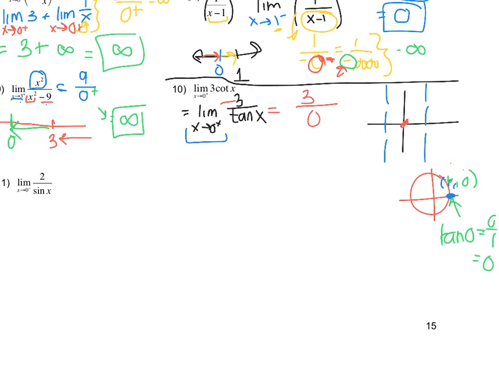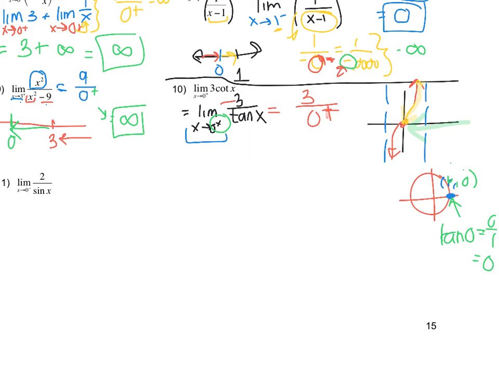However, if we sketch in this tangent function, and remember that this is saying x is approaching 0 from the right. So if x is approaching 0 from the right, getting closer and closer to 0, look at what's happening to our function. It's approaching 0 from the right as well, meaning it's positive, but getting really close to 0.